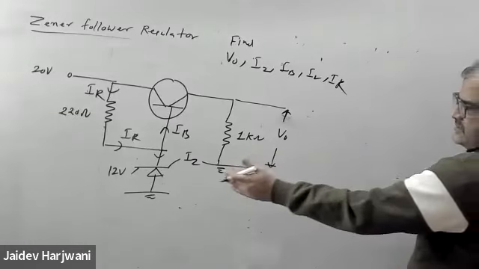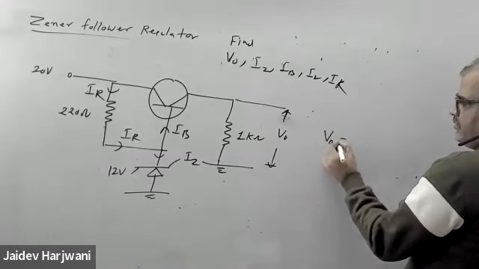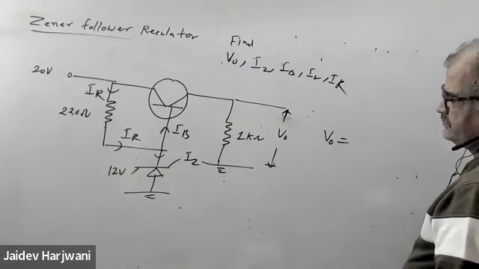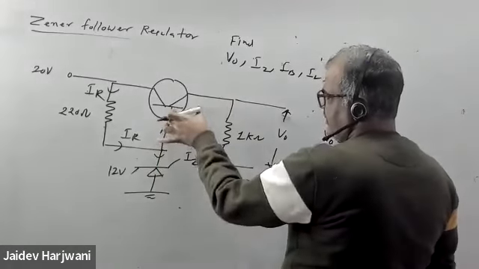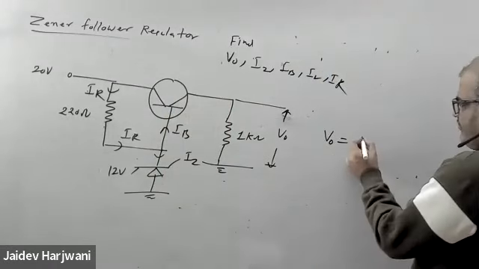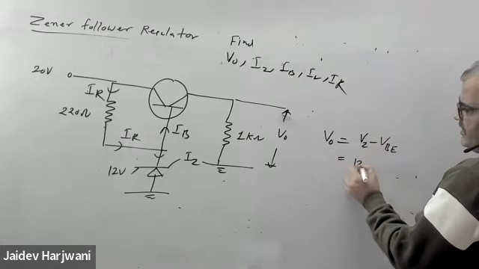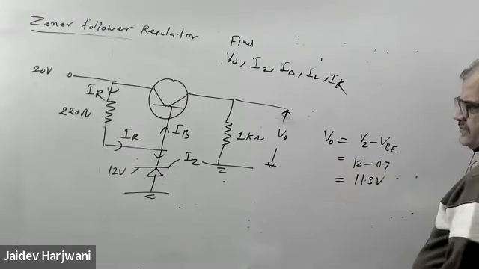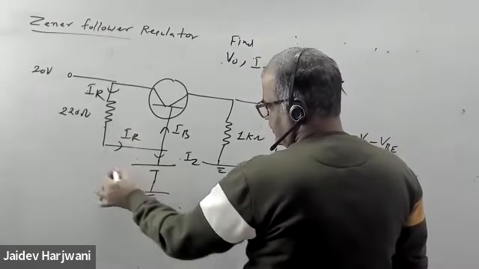As soon as you see the circuit, you know V naught is VZ minus VBE, 12 minus 0.7, which is 11.3 volts, because when it is conducting you can replace this by a battery.